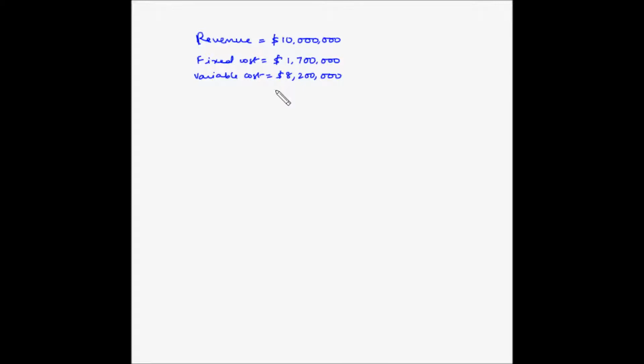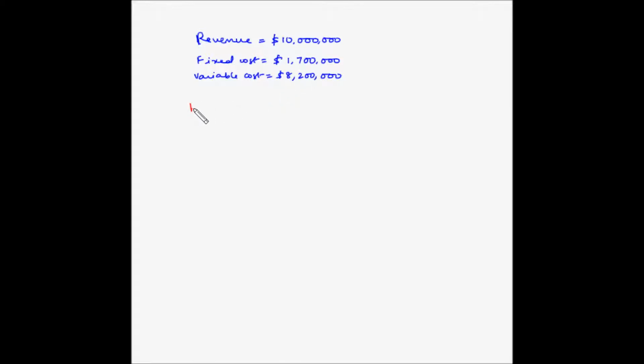So since we have to determine the impact on the budgeted operating income, let us first find out the budgeted operating income with the given figures of revenue, fixed cost, and the variable cost.